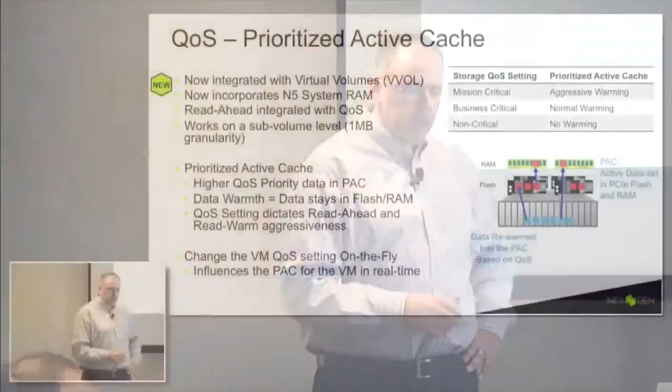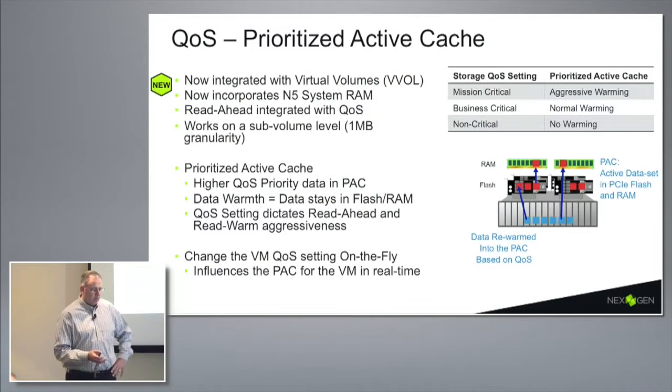Okay, another capability that we're enhancing is what we call our prioritized active cache. The prioritized active cache is the mechanism that, based on the quality of service of those volumes, influences how much data is going to be in flash versus disk.